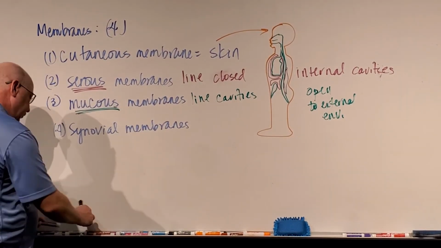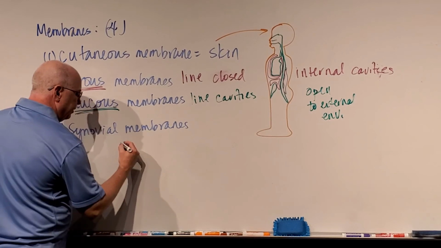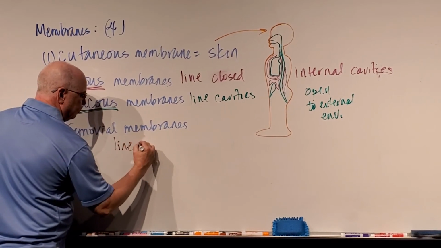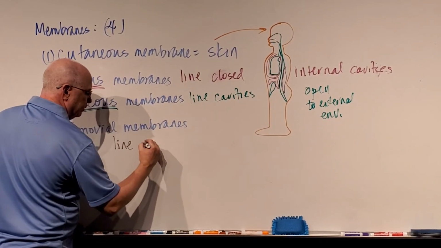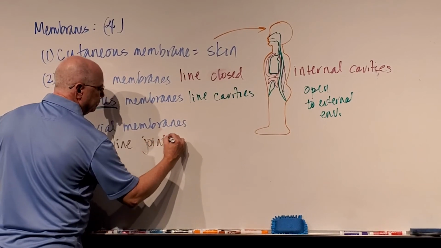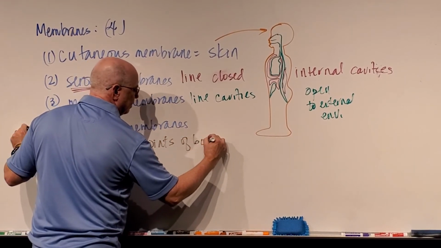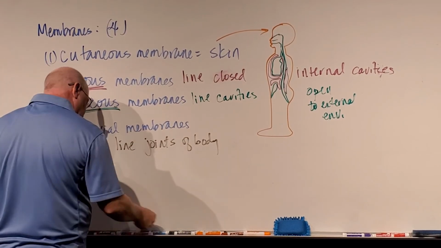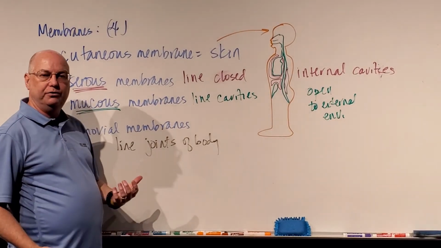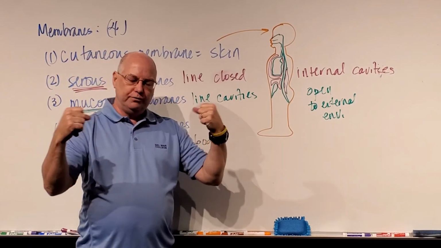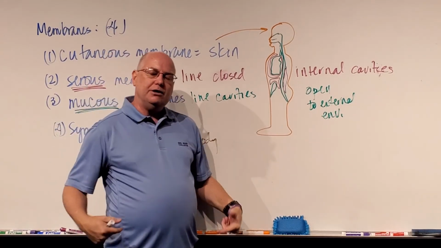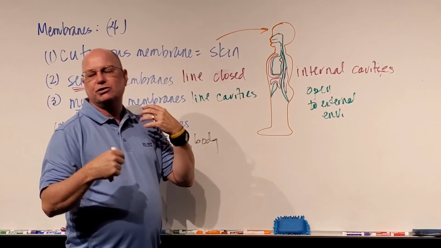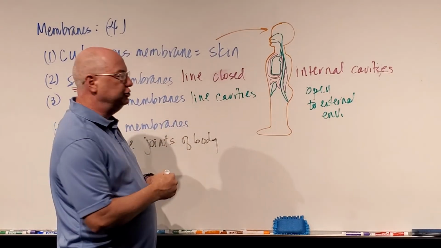Finally, there's the synovial membranes. We'll just say they line the joints of the body. And they really line what we call synovial joints. And they're called synovial joints because of the synovial membrane. All of the freely movable joints in the body, your knee, your hip, your toes, your ankle, your wrists, your vertebrae, are called synovial joints.